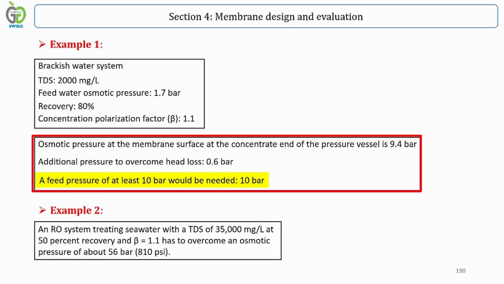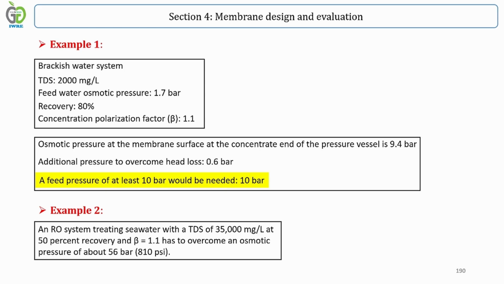With additional pressure to overcome head loss and to provide a driving force, a feed pressure of at least 10 bar would be needed. In another example, a reverse osmosis system treating seawater with a TDS of 35,000 mg per liter at 50% recovery and concentration polarization factor of 1.1 has to overcome an osmotic pressure of about 56 bar.